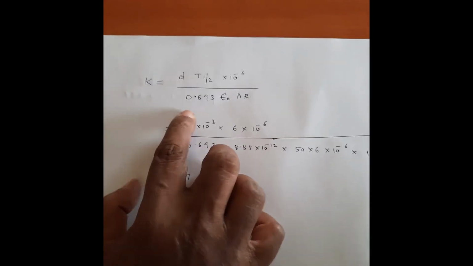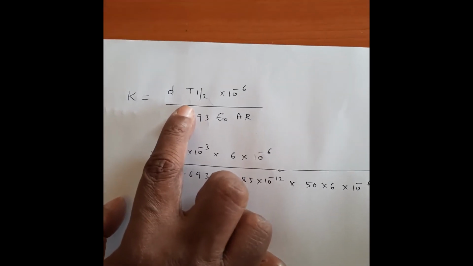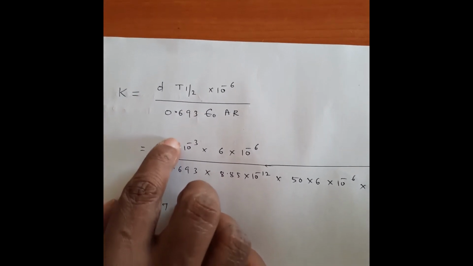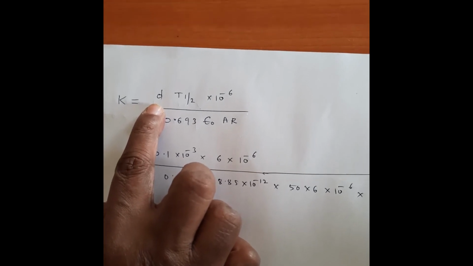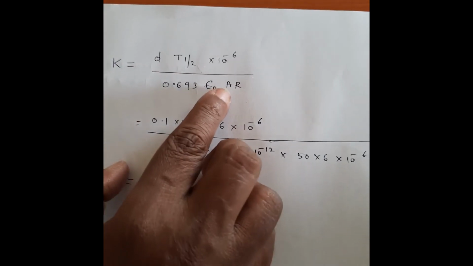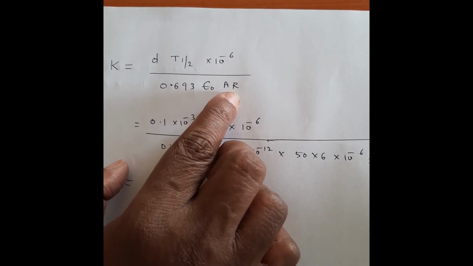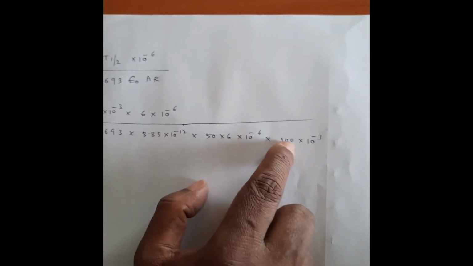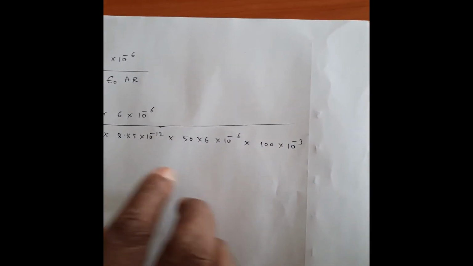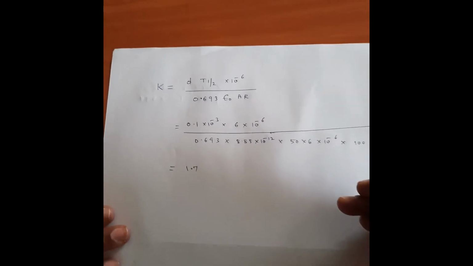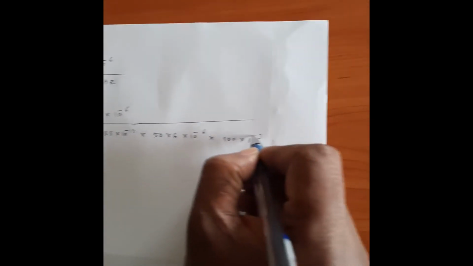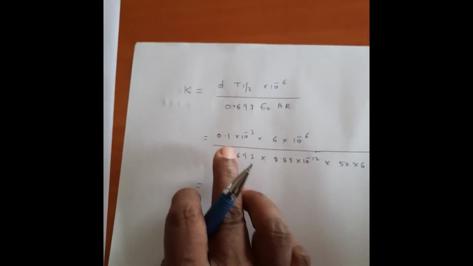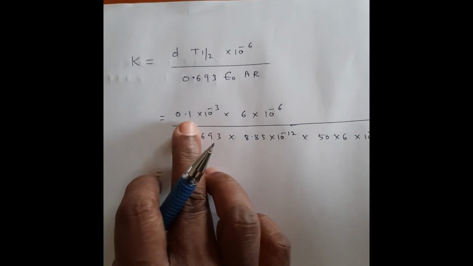After finding T off from the graph as 6 seconds, here d is the thickness of the dielectric material, A is the area, and R is the resistance that we applied. The resistance we applied is 100K, so 100 into 10^3, and d is the thickness 0.1 mm, so 0.1 into 10^-3.